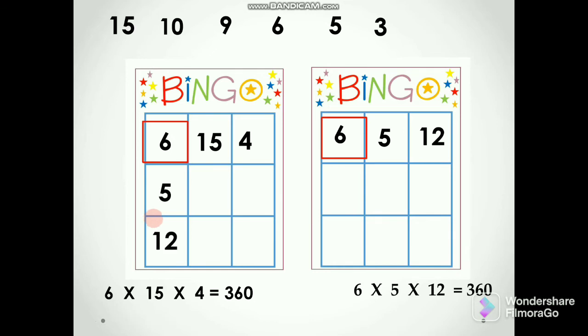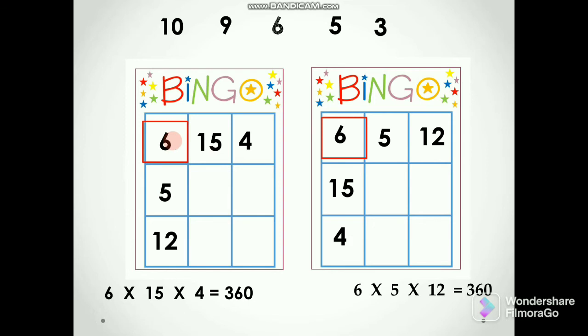How about my second card? Since for my second card I already used 6, 5, 12, I'm going to put for my column 1 6, 15, and 4. 15 and 4. So, as we all notice, we already used 15.